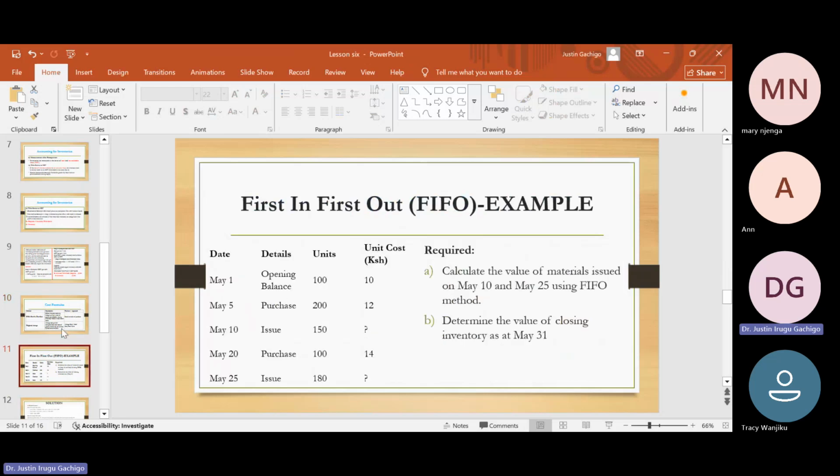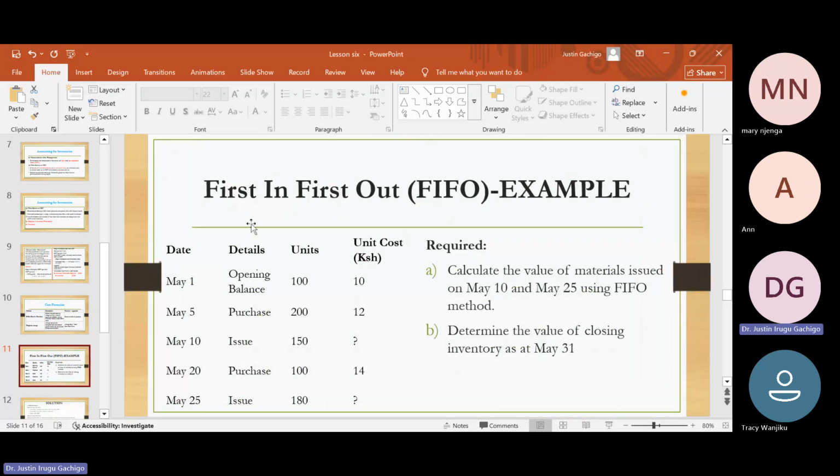So we have an example of first in, first out. So you are given this information. Hope you can be able to see it clearly. So you are required to calculate the value of material issued on May 10 and 25 using first in, first out to determine the value of closing inventory as at May 31st.